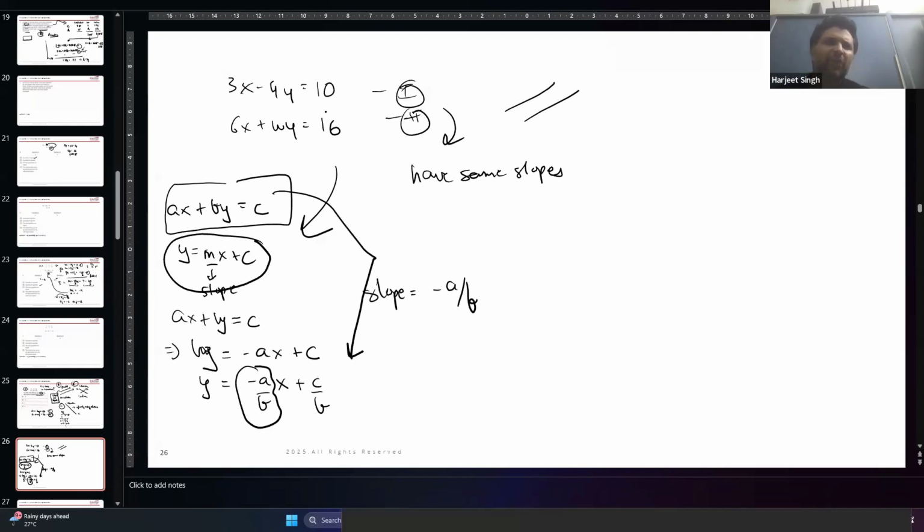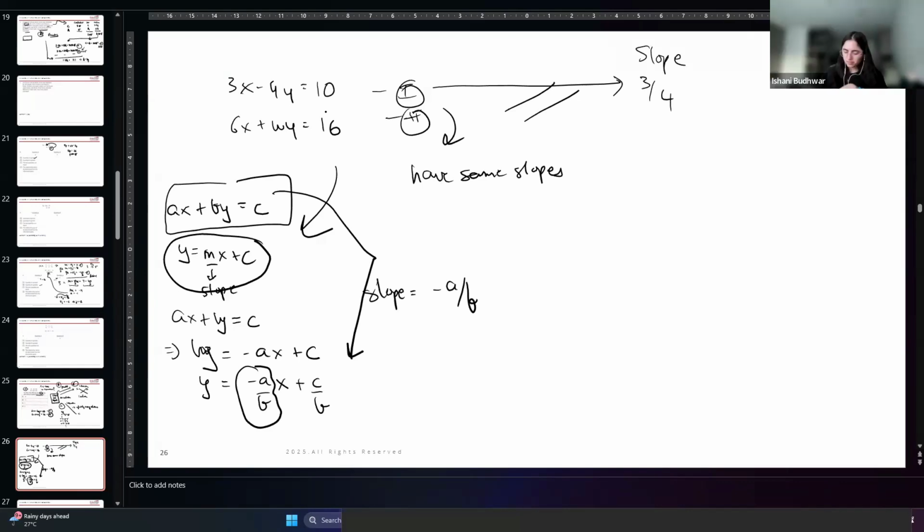So I've given you the logic of minus a by b. Which means if I were to ask you what is the slope of the first line, can I say minus a by b? So 3 by 4. Okay. And what is the slope of the second line, please? Minus 6 over w. Correct.